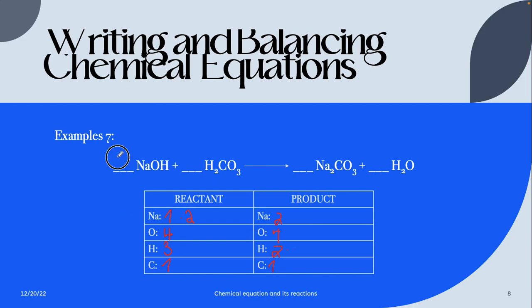So let's place our 2 up here. So instead of having 4 oxygens, we're going to have 3, 4, 5. So this will change to 5. And instead of having 3 hydrogens, we're going to have 2 and 2 more, which will make it 4.